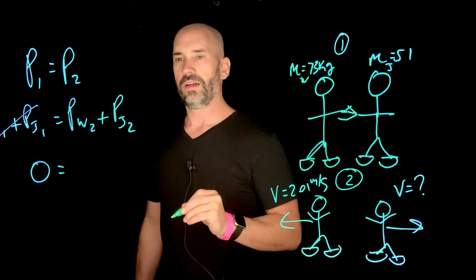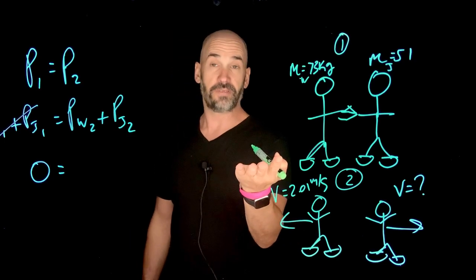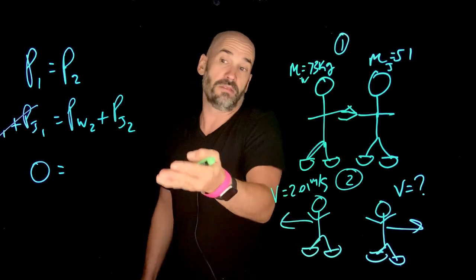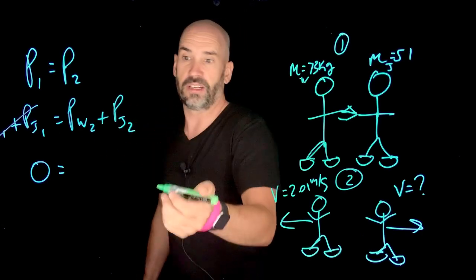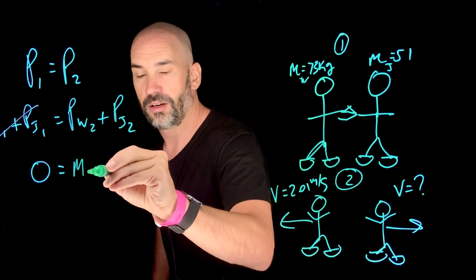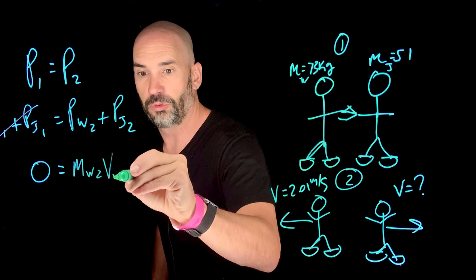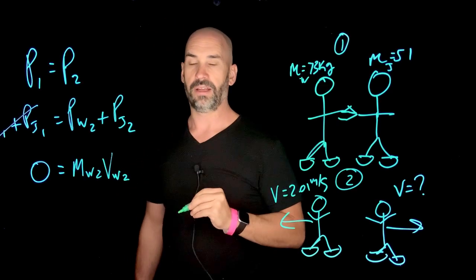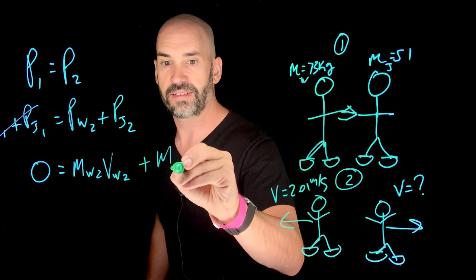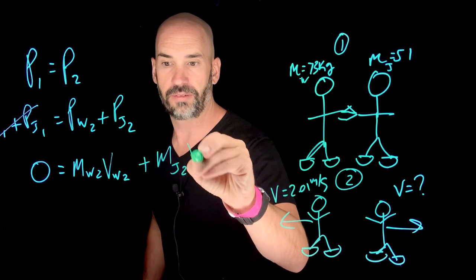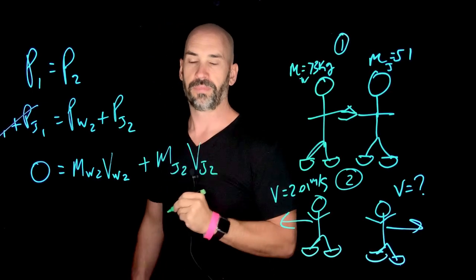And so just like we did with conservation of energy, the next step would be, let's just substitute the equations in. So this would be the mass of Will Ferrell 2 times the velocity of Will Ferrell 2, plus the mass of Jon Heder 2 times the velocity of Jon Heder 2, okay?